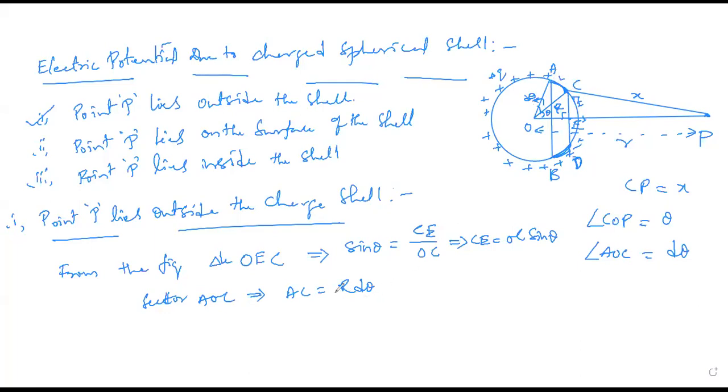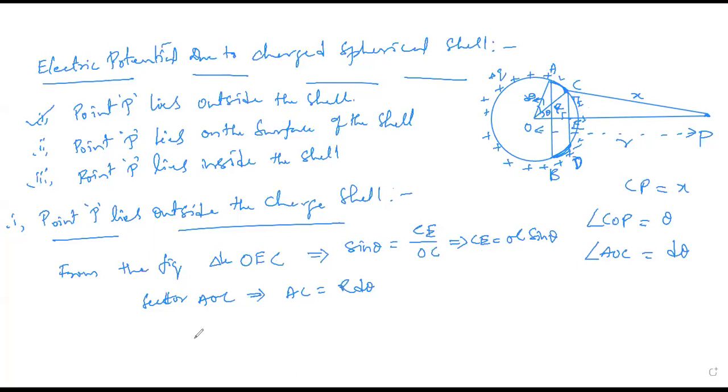Why have I taken this? Because with all these things we can put this easily. What is the circumference of the ring? Already we have the sector arc, the sector, and the right angle triangle OEC.